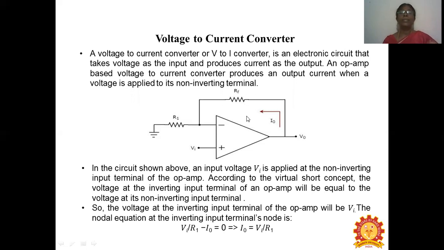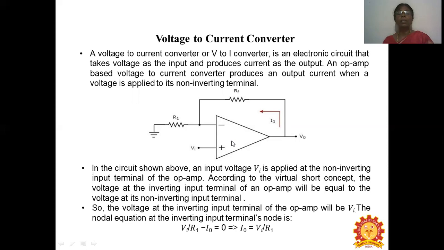So, a voltage to current converter is an electronic circuit that takes voltage as the input and produces current as the output. An operational amplifier based voltage to current converter produces an output current when a voltage is applied to its non-inverting terminal.